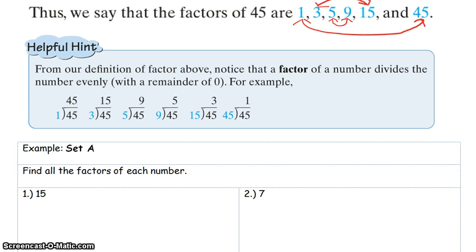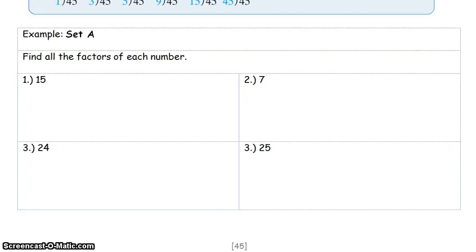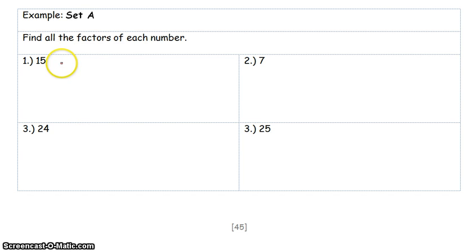Now we could use this for the next set of examples. We have example set A. Find all the factors of each number. So we take the number 15. First of all, we always do 1. 1 times 15 is 15. Now we try and think of some other factors. We know 2 times any other natural number is not 15. But we know 3 times 5 is 15.